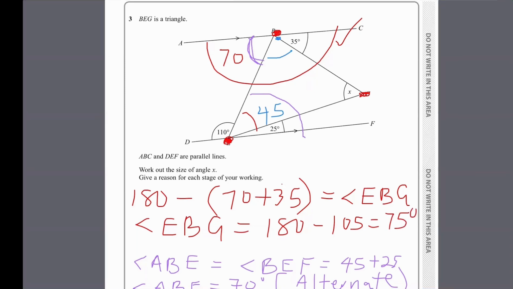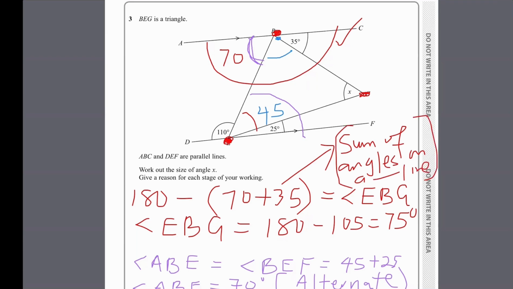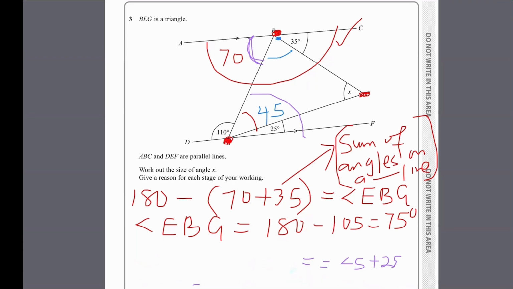Don't forget to state your reason, the sum of angles on a straight line, to represent why you took that step. Once the angle EBG has been found to be 75, I think the bulk of the work has been done.